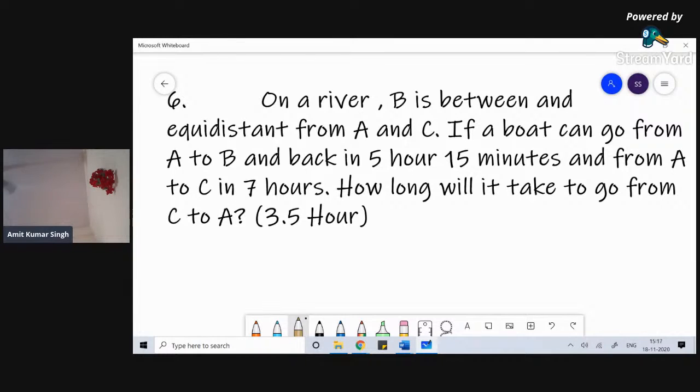Anyone, any doubt on this? Very easy problem.